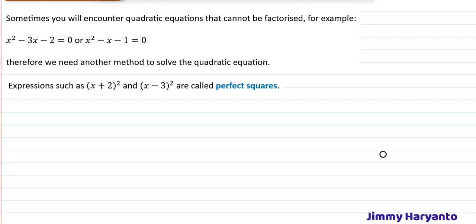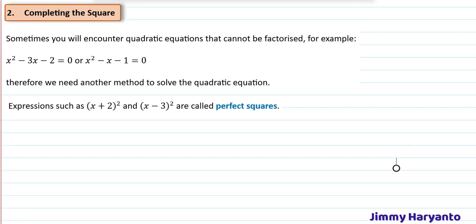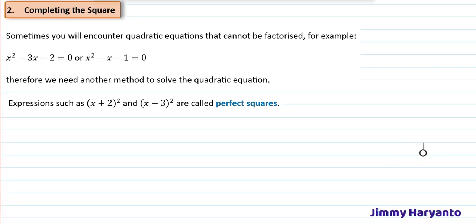Before we talk about completing the square, you have to know what perfect squares are. Yeah, so a perfect square is an expression such as (x plus 2) squared, or (x minus 3) squared, or (x plus 1) squared, and so on. That is called a perfect square.